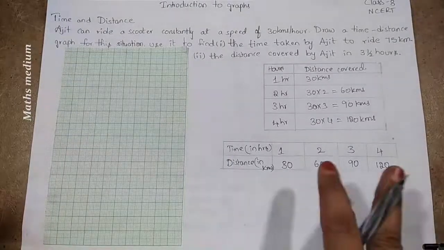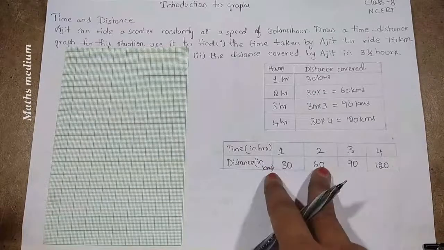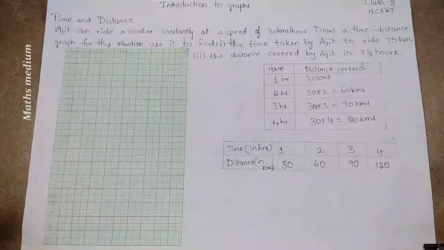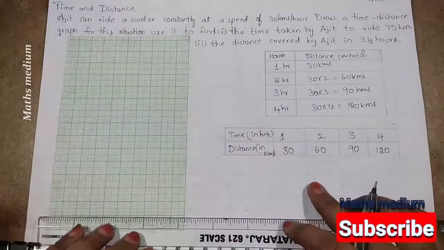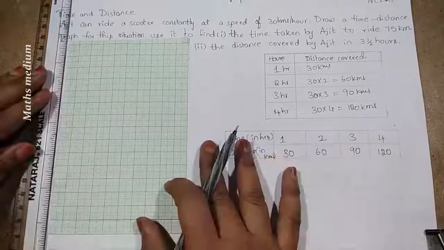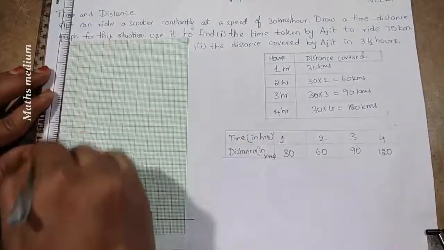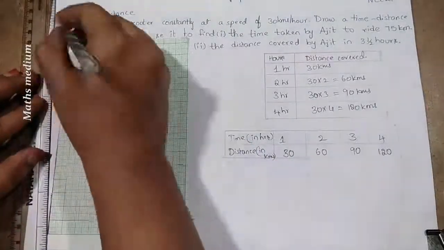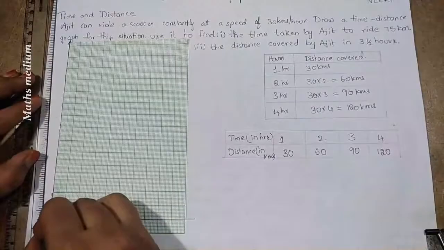We have to draw a graph by using this tabular form. So let's take the graph here. I am taking axes as, so this is one axis and this is another axis. See, this is 0.